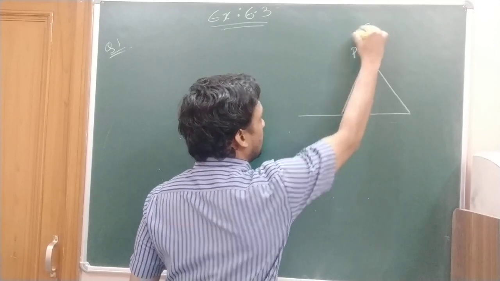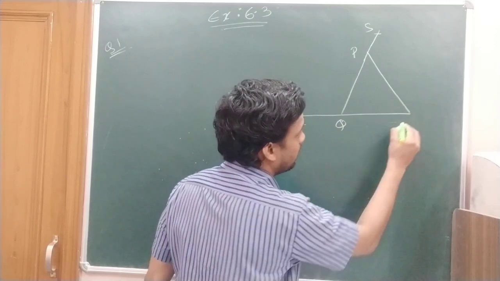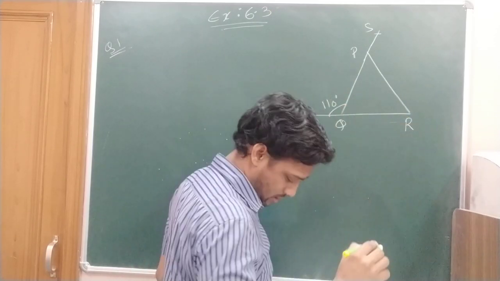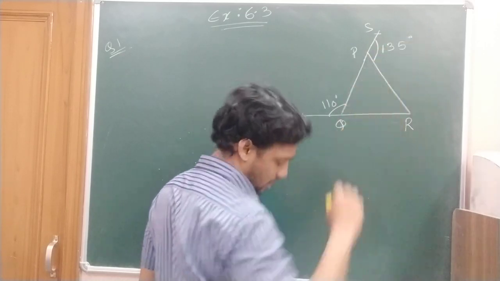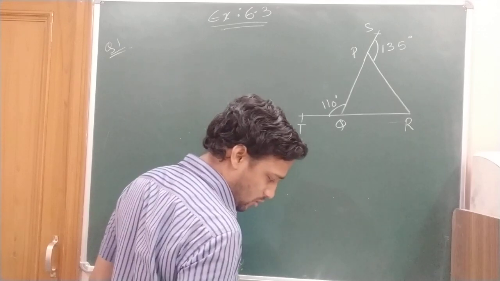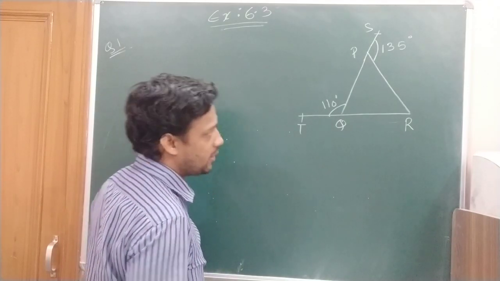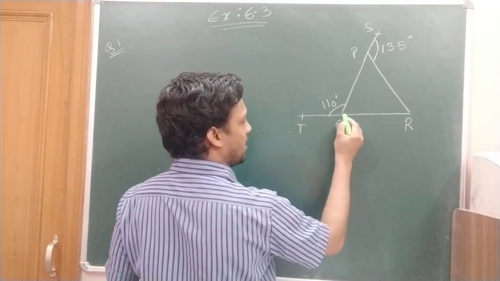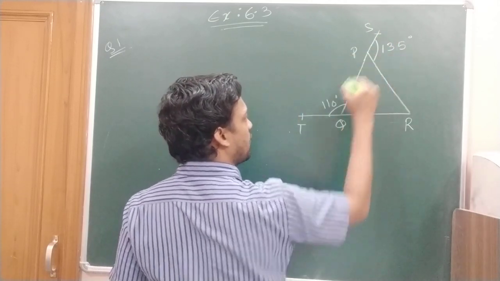Here is P. The diagram is already given in the question. P, Q, R, 110 degree, 135 degree. In the question it is given that QP and RQ are produced to the points S and T. Therefore, the angles are 135 and 110.